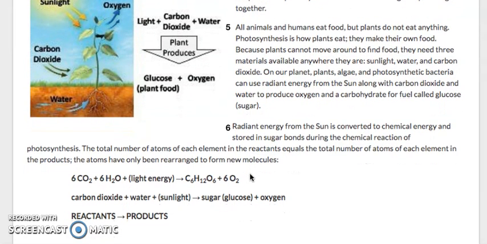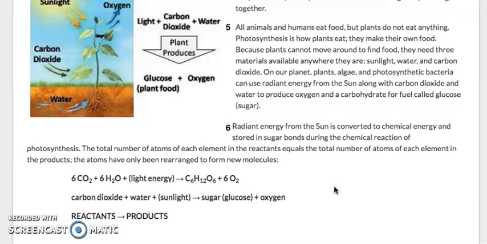Radiant energy from the sun is converted to chemical energy and stored in sugar bonds during the chemical reaction of photosynthesis. The total number of atoms of each element in the reactants, which is the beginning, equals the total number of atoms of each element in the products, which is your ending. Okay? The atoms have only been rearranged to form new molecules.